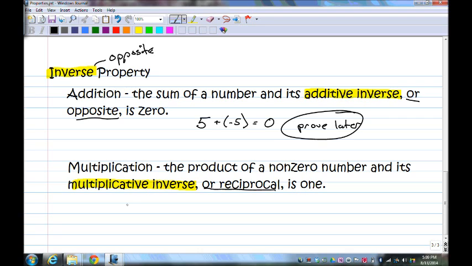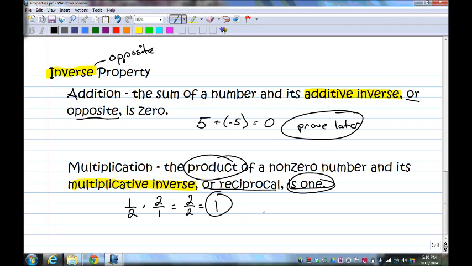So if I have 1/2, for example, and I multiply, because it says the product of a non-zero number and its inverse, the reciprocal is just the fraction flipped over. Remember, when multiplying fractions, 1 times 2 is 2, 2 times 1 is 2, this is equal to 1. And the definition says it's always equal to 1.